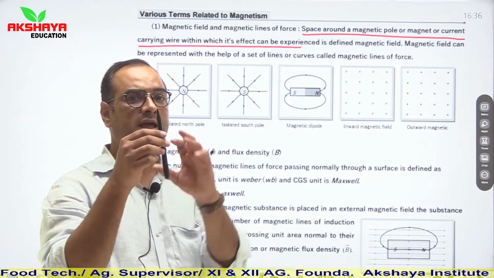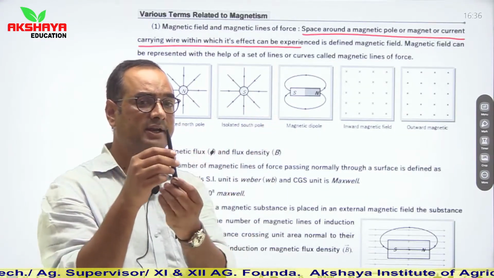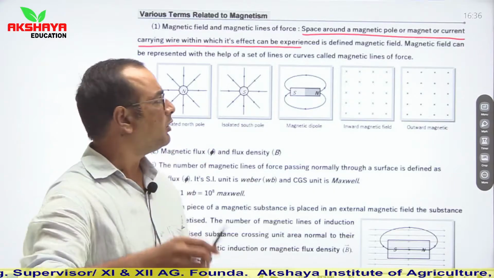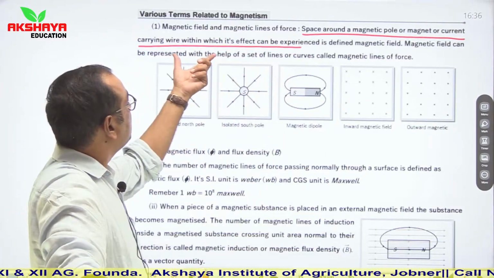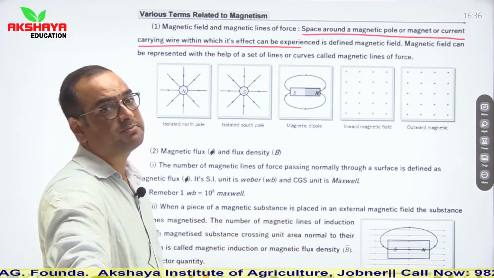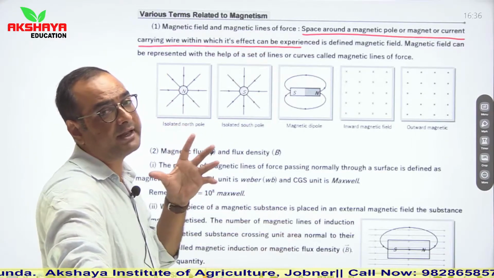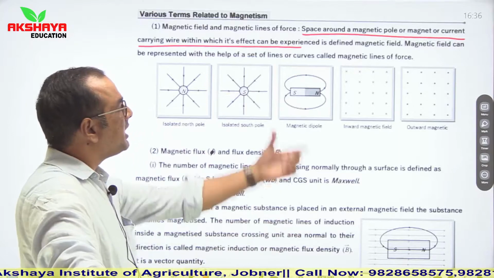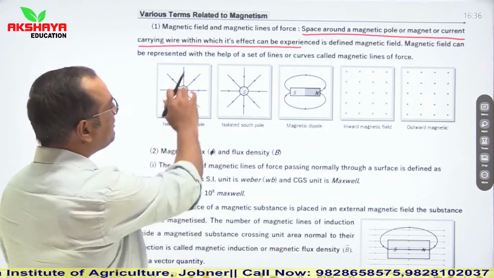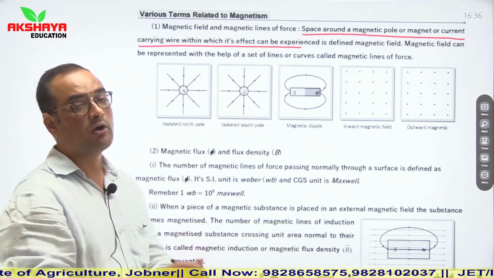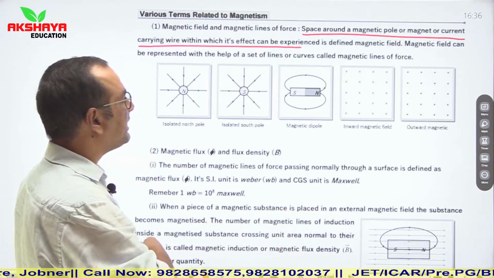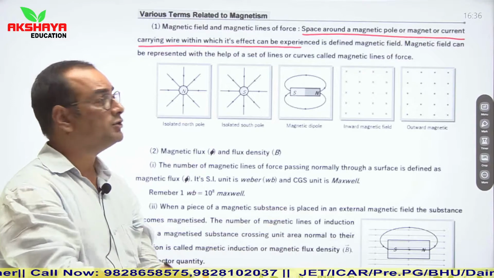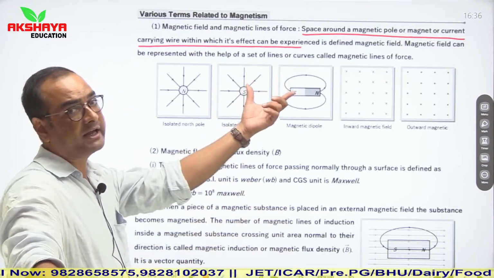Any region, any space around this conductor, or a pole, or a magnet, in which its effect of attraction or repulsion can be experienced. Magnetic field can be represented with the help of a set of lines or curves which are known as magnetic field lines. So magnetic field lines are simply used to give the direction of the magnetic field.